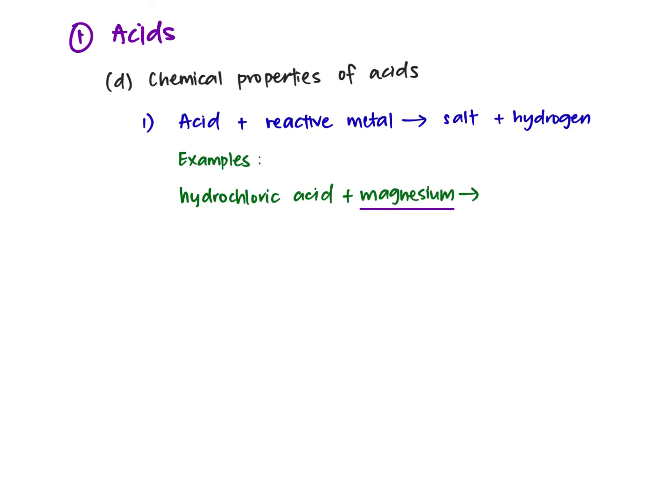The salt that is produced is magnesium with the chloride that is in hydrochloric acid. So the salt name is called magnesium chloride. Hydrogen is also given out.